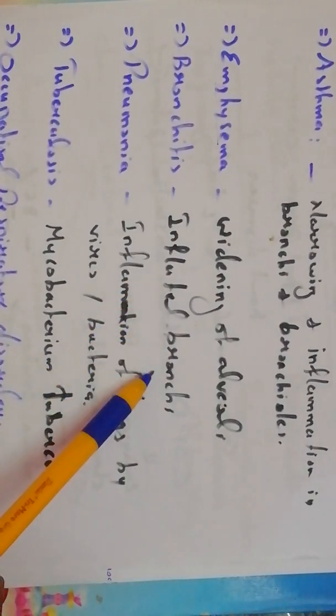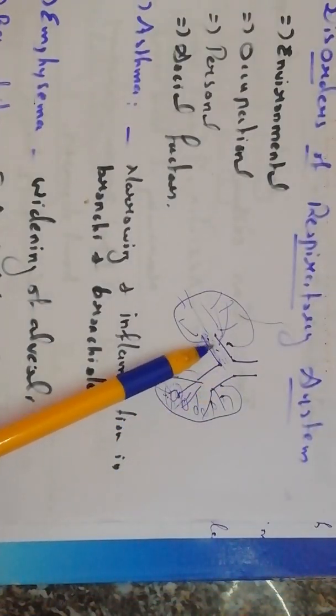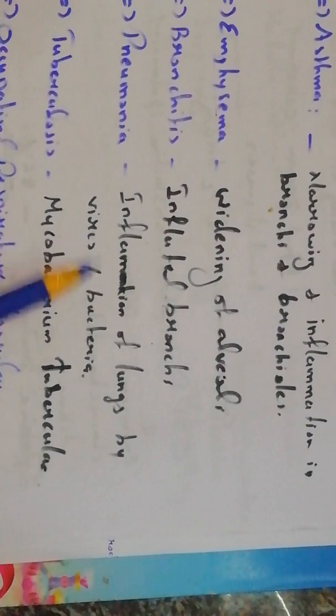Bronchitis means inflated bronchi. Inflated means it stretches. The bronchi will stretch. So what is bronchi? There are the lungs, the trachea. This is the bronchi. This bronchi will stretch on both sides, right? So when it stretches, the condition is that the bronchi is stretching.